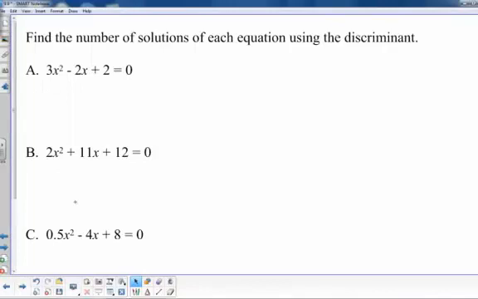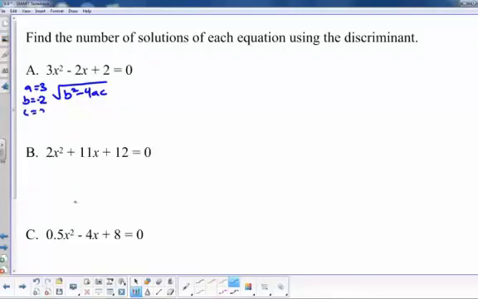All right, so we're not going to find the whole quadratic formula. We're just going to tell how many solutions it has. So all we're going to look at is the square root of b squared minus 4ac. So in this case, we have a is 3, b is negative 2, and c is 2. So b squared minus 4ac.